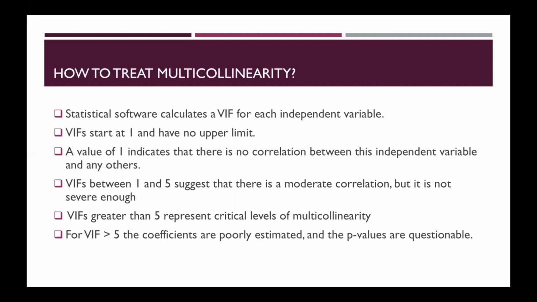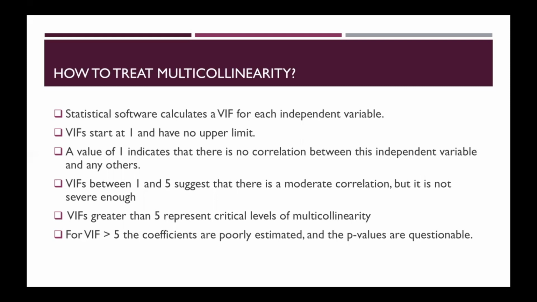VIF starts at 1 and has no upper limit, so it can go up to infinity. A value of 1 indicates that there is no correlation between this independent variable and any others. VIFs between 1 and 5 suggest that there is a moderate correlation, but it is not severe enough. And VIFs greater than 5 represent critical levels of multicollinearity.